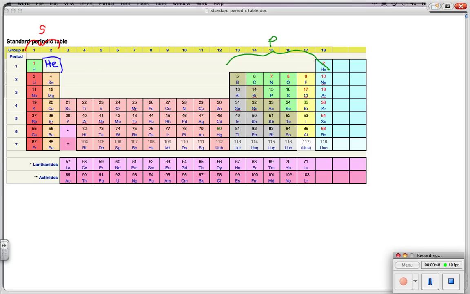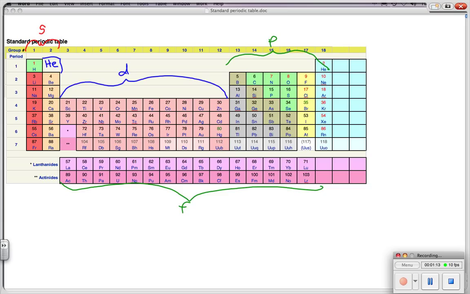This block right in here, which includes the transition metals, is considered to be the D block. And then the F block is all of these inner transition metals. I'm not going to do a whole lot with those.